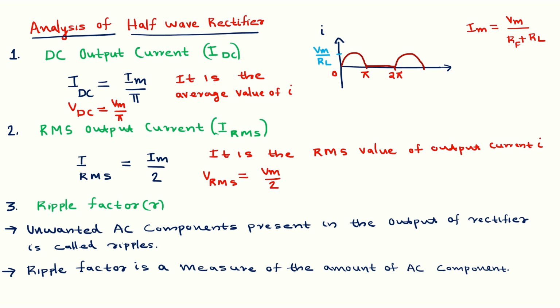Actually, we are expecting that the output of the rectifier should be a stable DC, but we can't achieve that practically because of the operation of the diode. So a small AC component will be present at the output of the rectifier. These unwanted AC components are known as ripples, and the ripple factor is a measure of the amount of AC component present at the output of a rectifier.